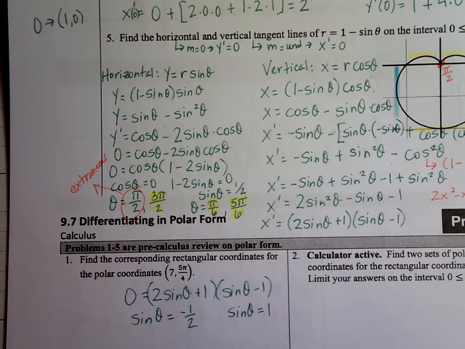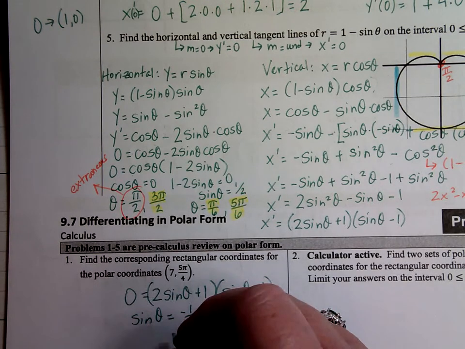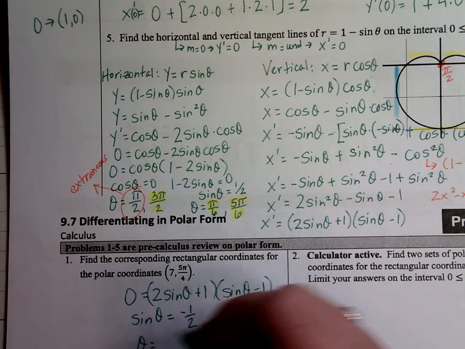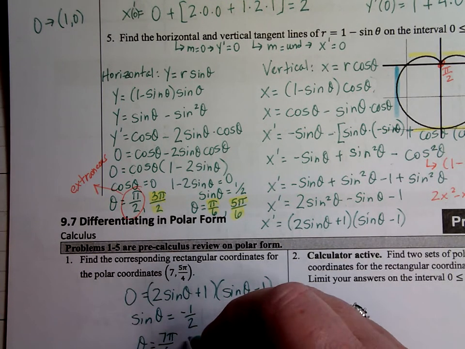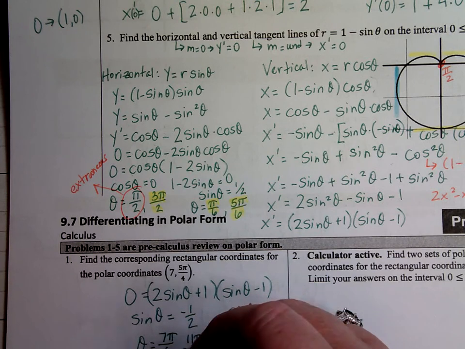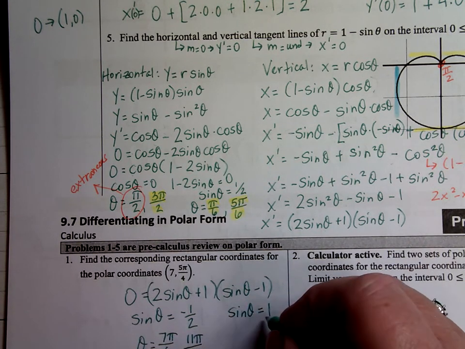So again, I go through my unit circle. It equals negative 1/2 when theta, this is when your y value is a negative 1/2, that would be 7 pi over 6 and 11 pi over 6. And then the sine is 1 when theta is pi over 2.